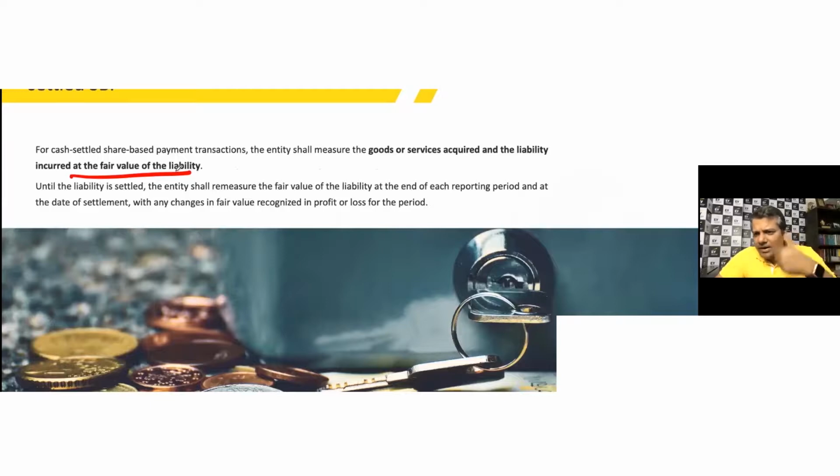Until the liability is settled, the entity shall remeasure the fair value of the liability at the end of each reporting period, with the change in the liability again getting recorded as part of profit or loss account. Okay.